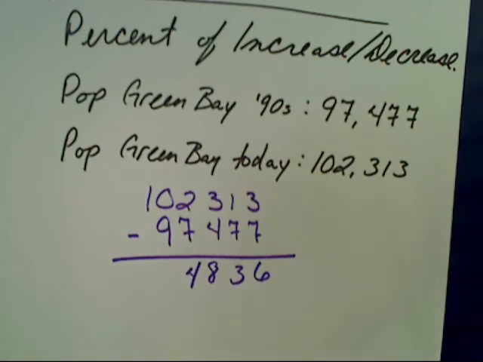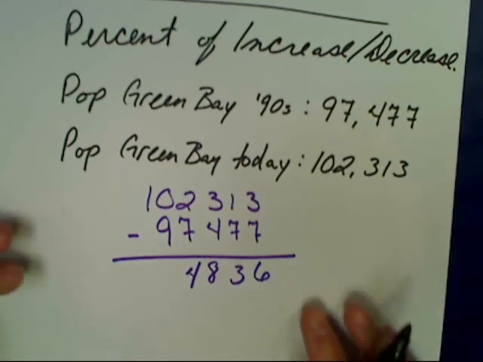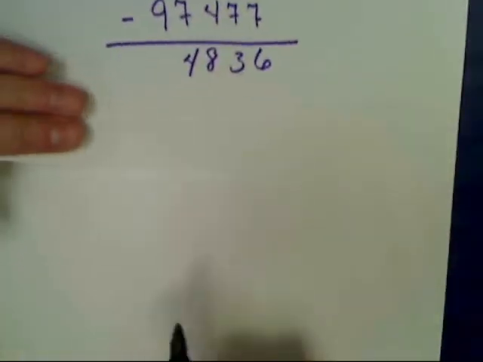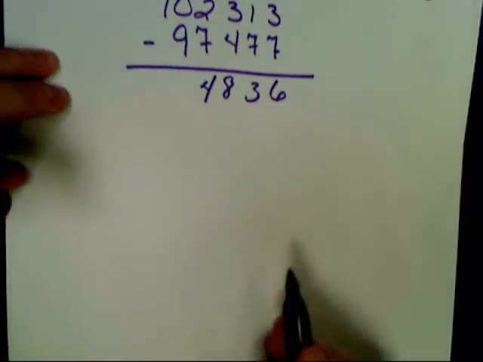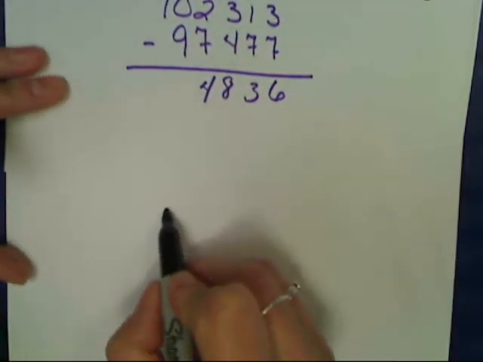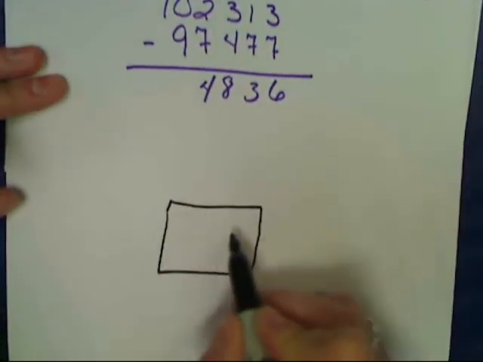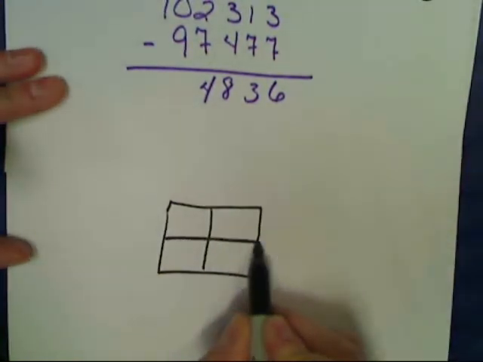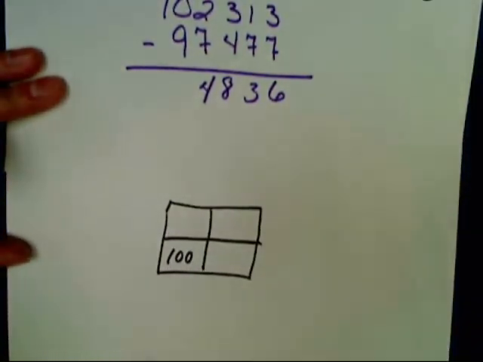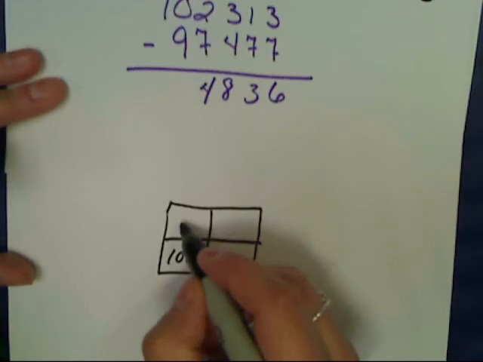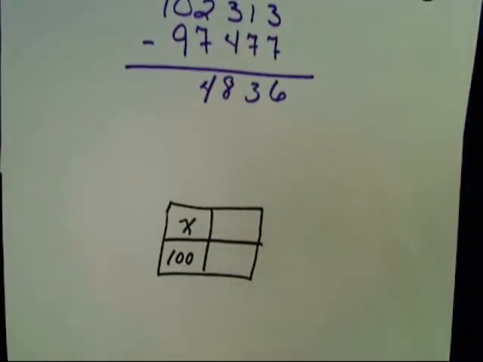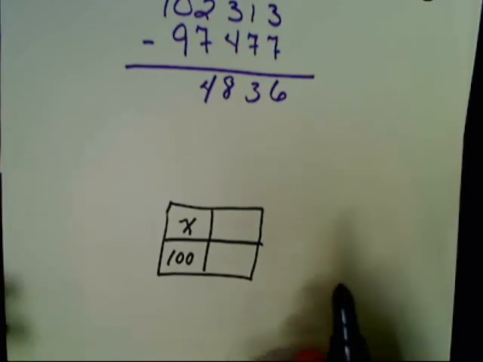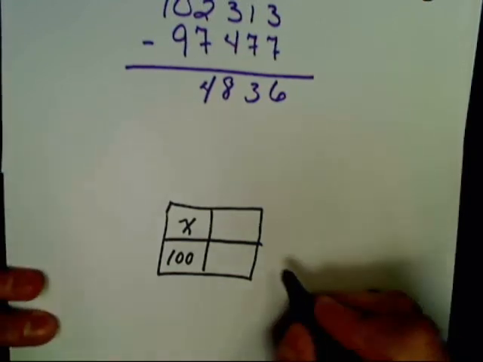So now we want to change that into a percent. We can actually go back to the box at this time. We're still having the 100 down here. We're trying to find the percent, so that's our unknown up here. Now, what's the is and what's the of? The of amount is always your original amount.